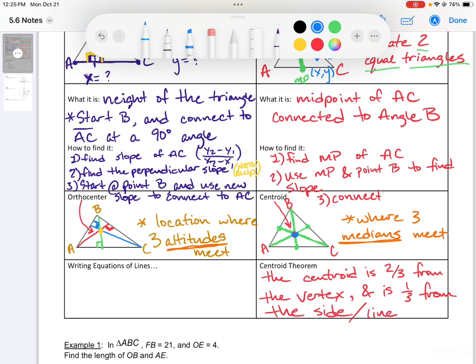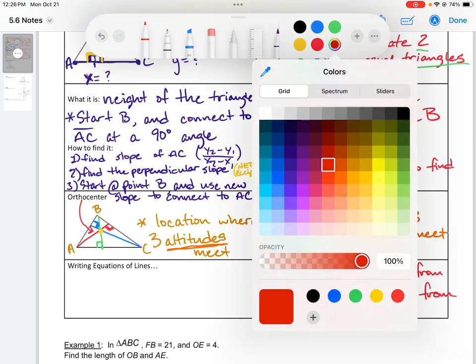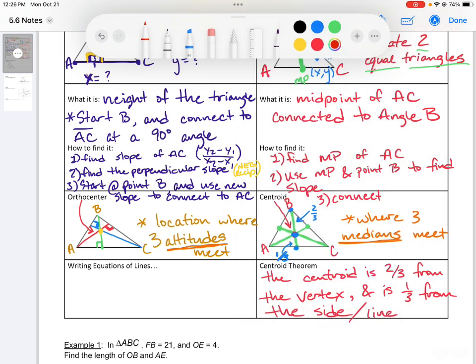And so this distance from the centroid to the vertex is 2/3 of the total, and from the centroid to the side, which is AC, that's 1/3 of the total distance. So that will be useful coming up.